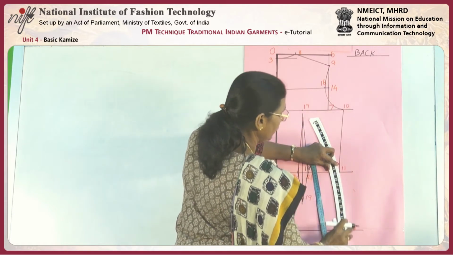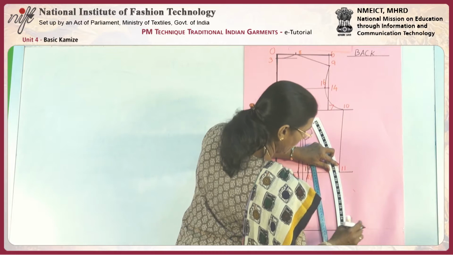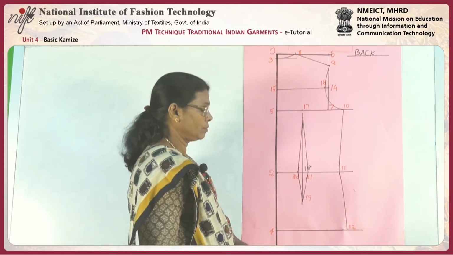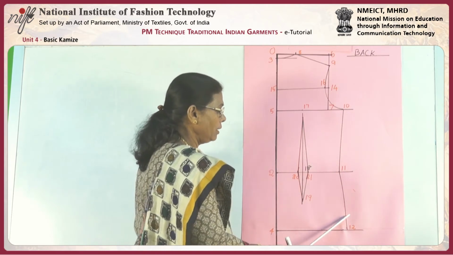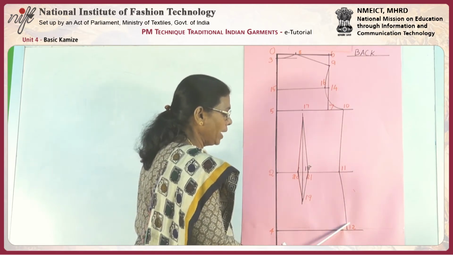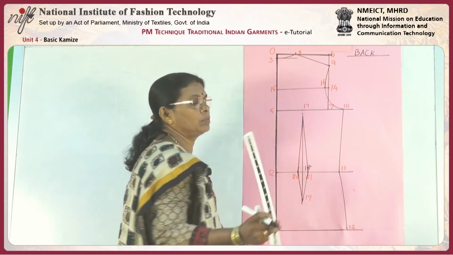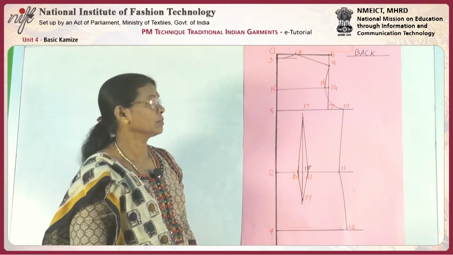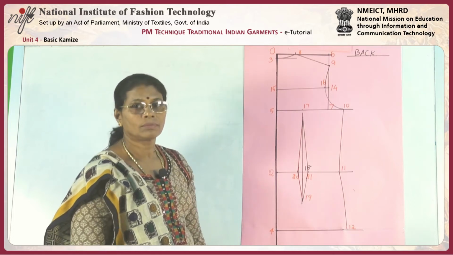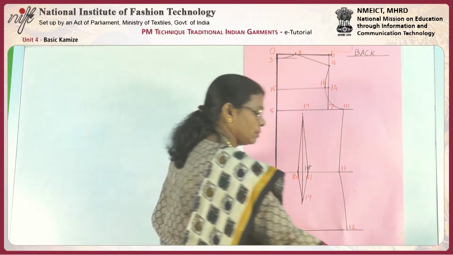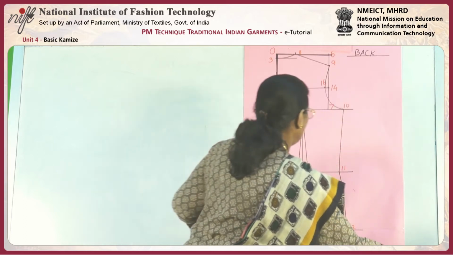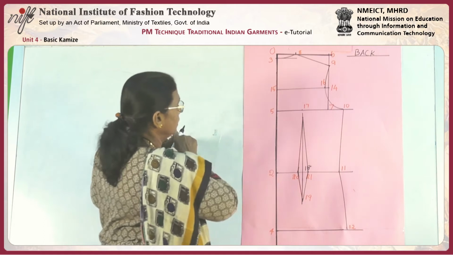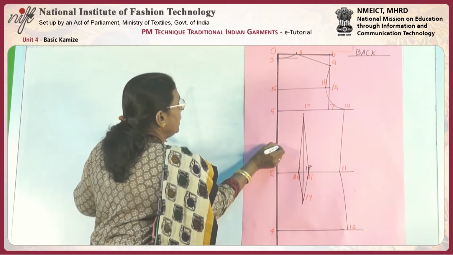This side it should be an inward curve, and this side it should be an outward curve, and then an external line by matching with the hip line towards down. It will give a narrow fit, straight fit. And this line is the center back line.